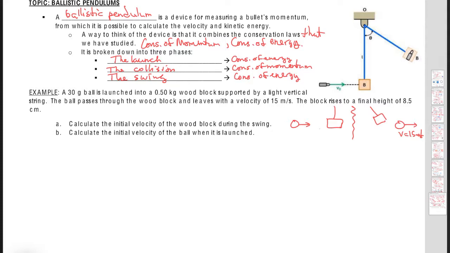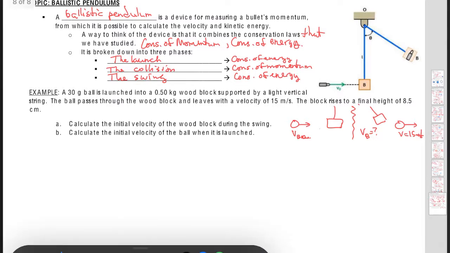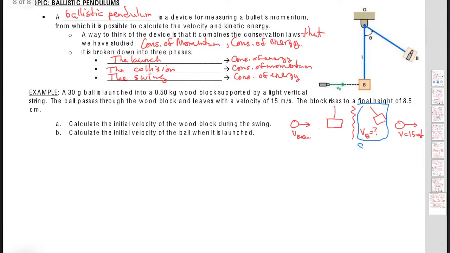We want to know how fast the block was moving here, and then we want to know what was the initial velocity of the ball. For part A, we're going to look at the swing, which means we're going to look at the energy.